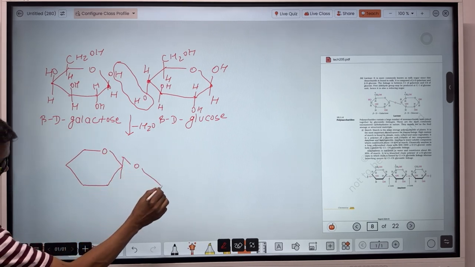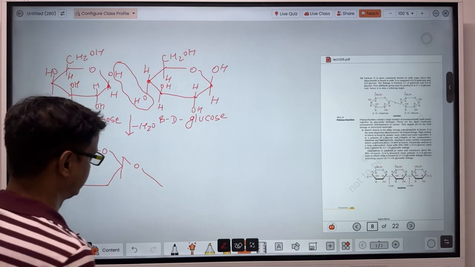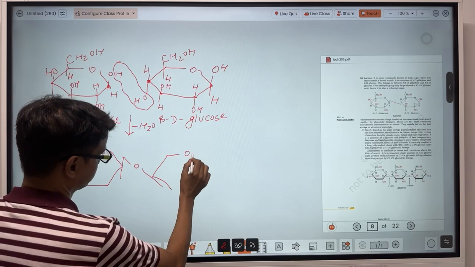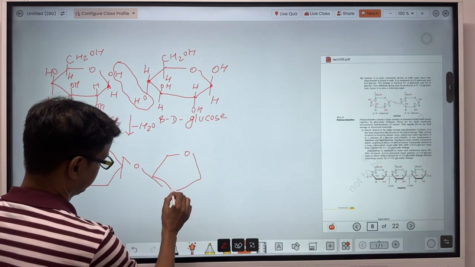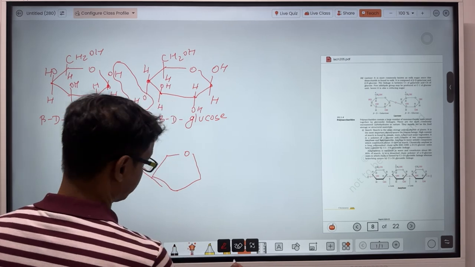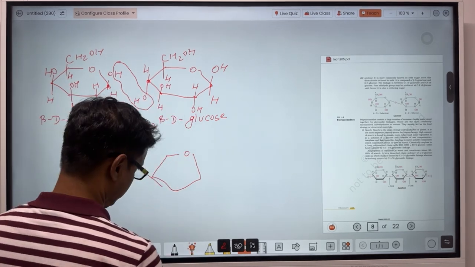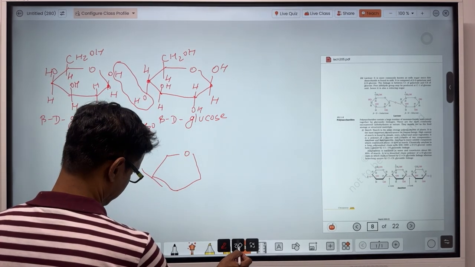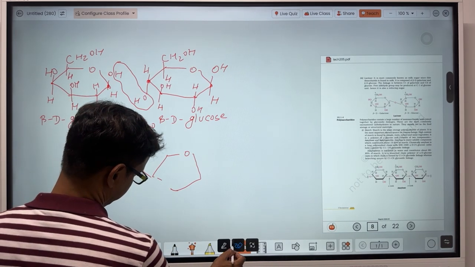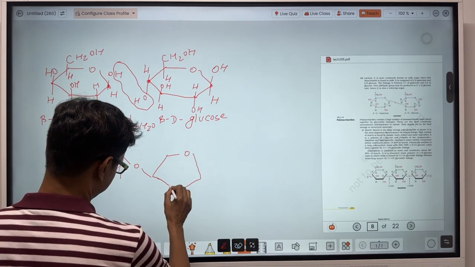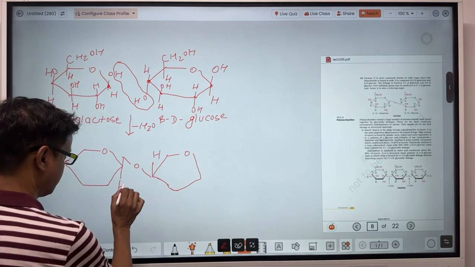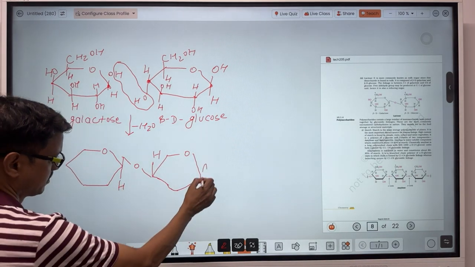So here the oxygen, this side, is bonded to this one. Here hydrogen, here hydrogen. Now complete the remaining structure.